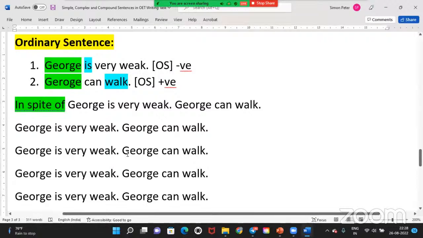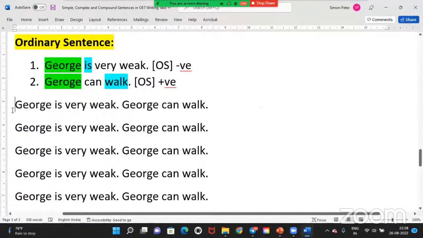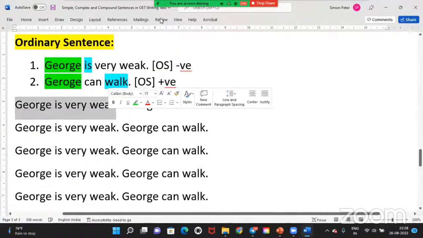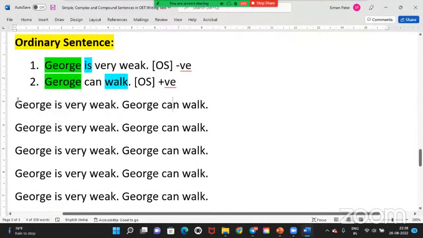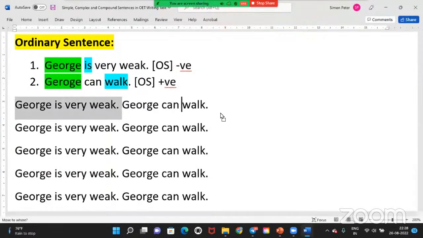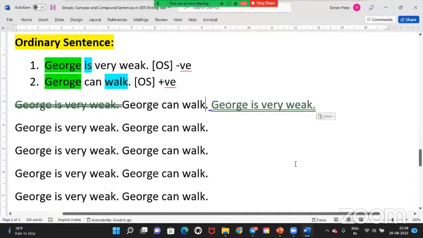Now what we can do is, now this sentence, see what I am doing carefully. This one, I am removing from here and putting here. I am removing from here and I am putting here.